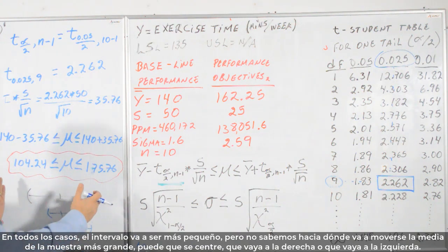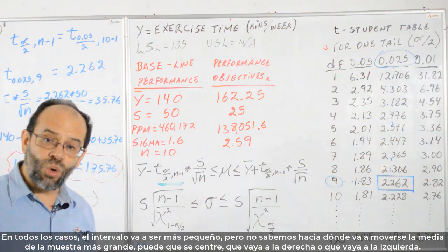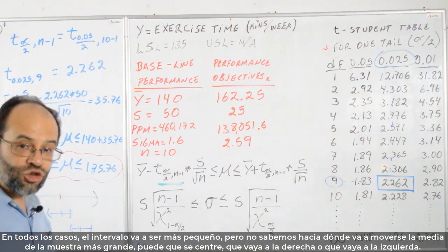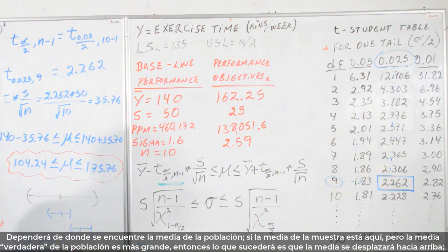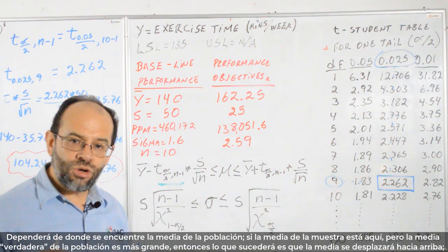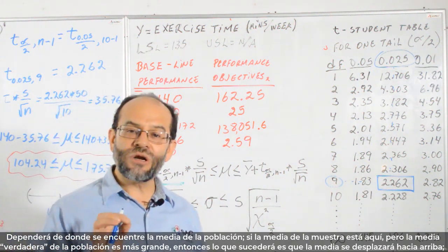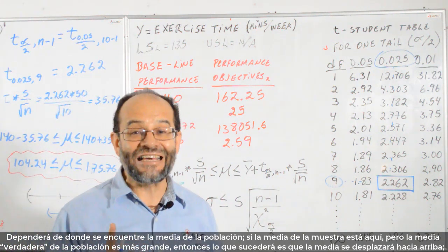In every case, the interval is going to be smaller. But we don't know where the mean is going to move. I mean, it can happen that it centers, or it can go to the right, or it can go to the left. It will depend on where the actual mean of the population is.